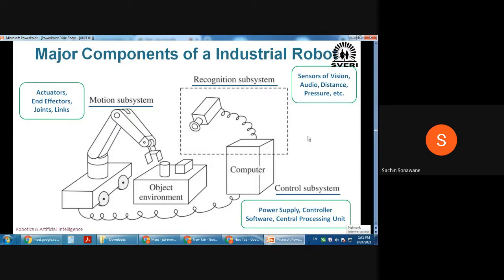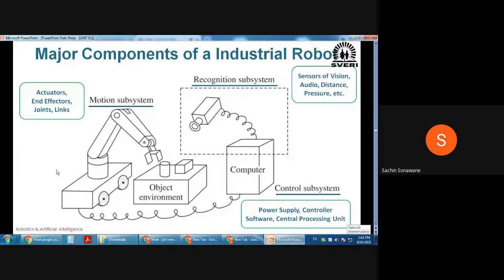First is motion subsystem in which actuators, end effectors, joints and links are there. Next is recognition system. In recognition system, sensors of vision, audio, distance, pressure, etc. And third is the control subsystem in which power supply, controller, software, central processing unit.